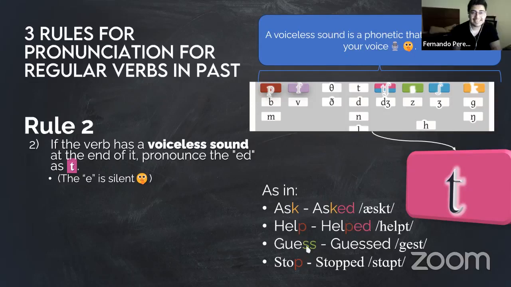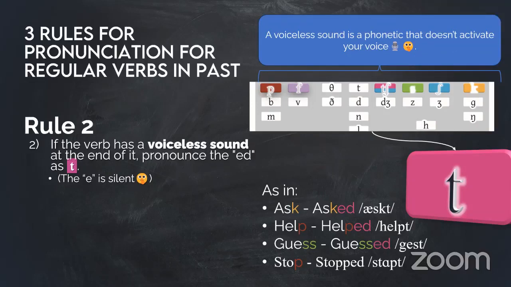Guess ends in a voiceless sound. Therefore, the ED in past sounds like a T. Guessed. Everybody pronunciation. Yes. Perfect.